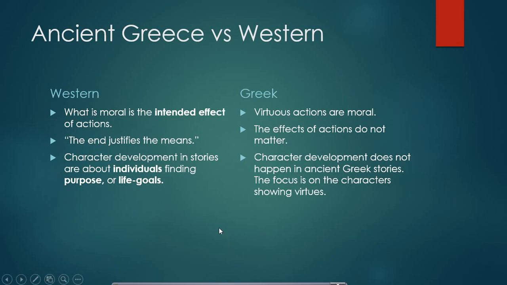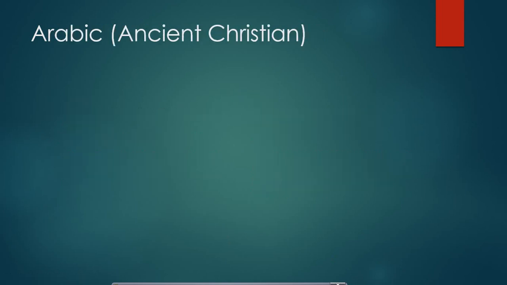And then there's also what Spengler called the Magian culture. I decided not to introduce that word. I just decided to call it Arabic or Ancient Christian. Spengler considered the ancient Christians to be the beginning of the creative phase of Arabic culture.